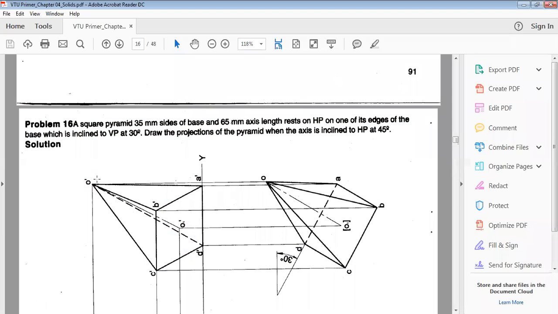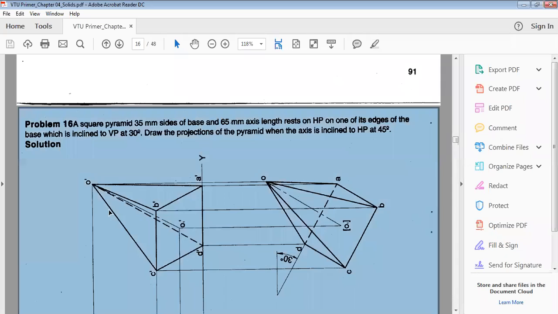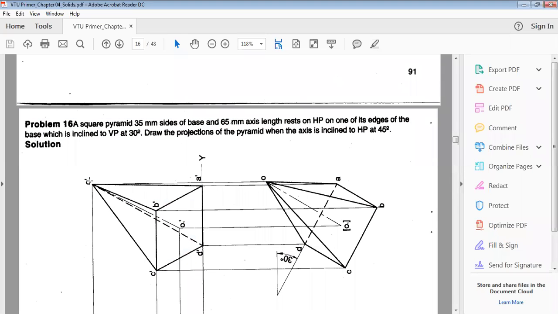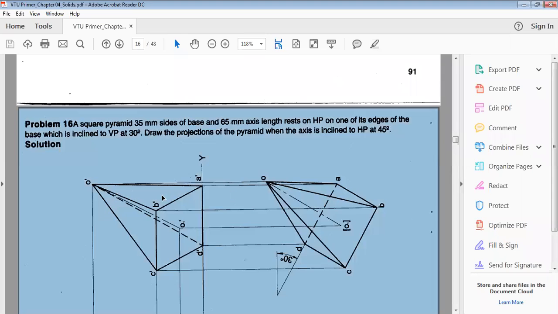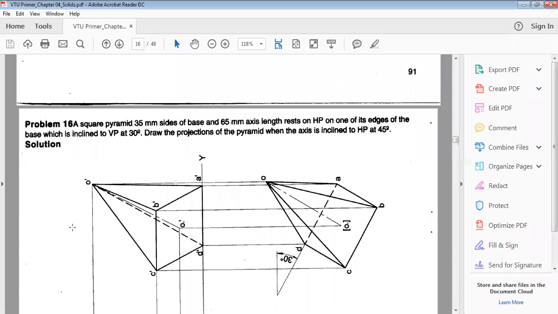When you are looking from the top, you will not find any longer edges here. You will only find the slant edges, for example this slant edge. So these are the slant edges. This is with respect to a pyramid.